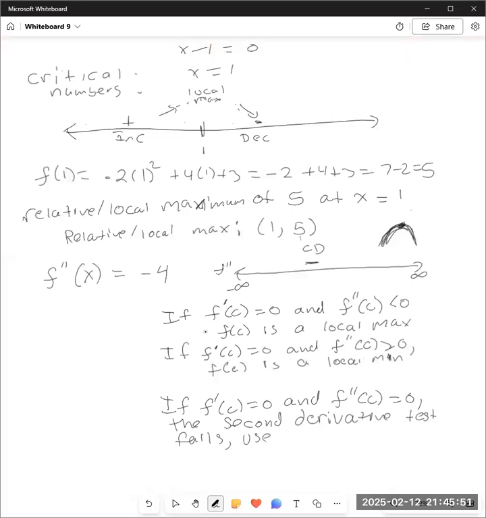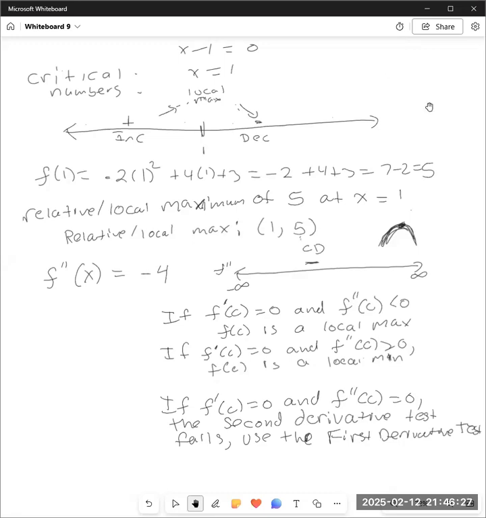Use the first derivative test. We'll talk more about what that is when the second derivative equals 0. That's another special kind of point that we'll talk about coming up in this chapter.